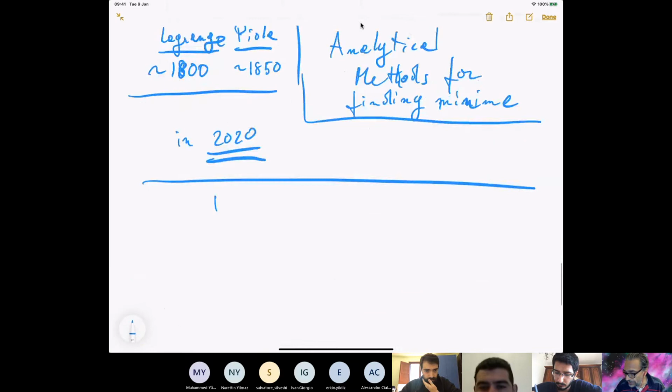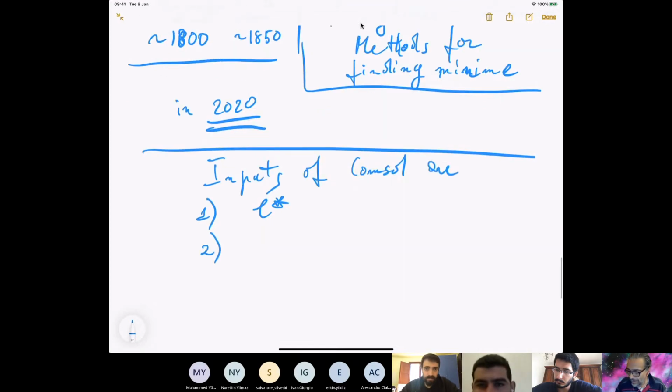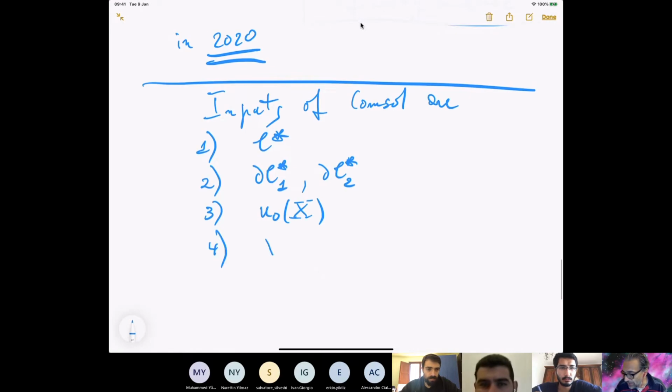So the inputs of COMSOL are: 1, C star. You must tell which is the reference shape of your body. Then you must tell which is boundary of C1 and boundary of C2. You must give U0 of X. So you must give this. And you must write W of F.